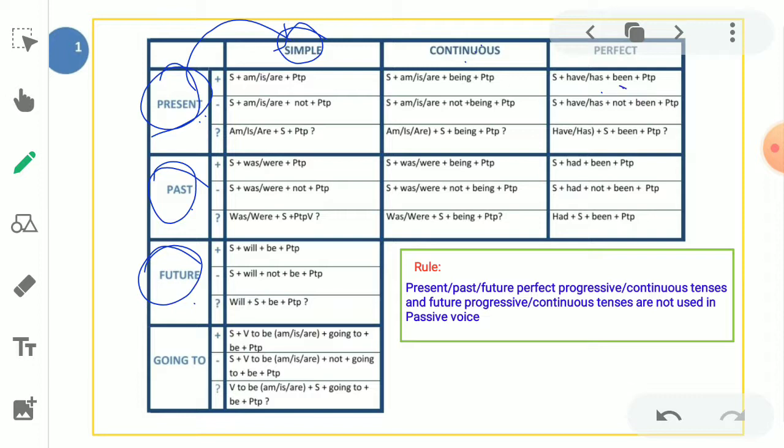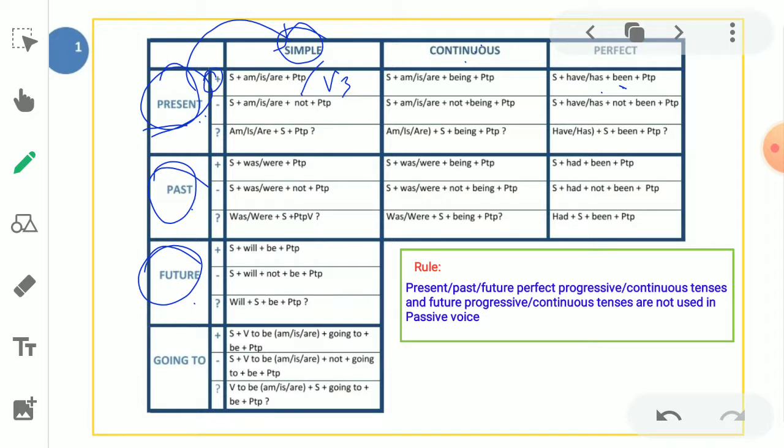So let us study this in detail. In present tense, in affirmative, you can see the plus mark here: subject plus am or is or are plus PTP. PTP means past participle form. Past participle is called V3. Don't get confused about this V3.